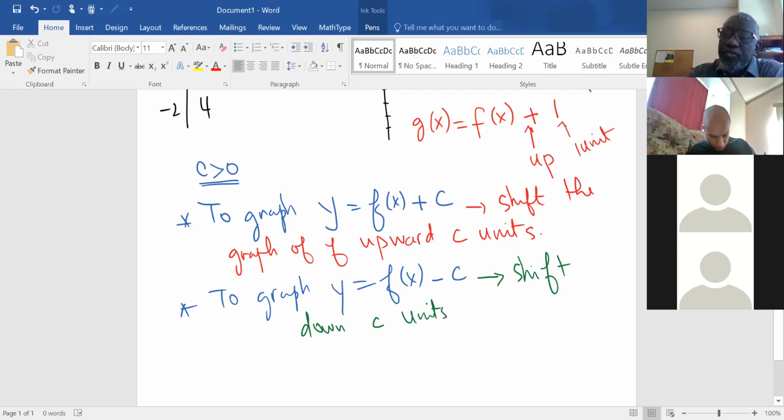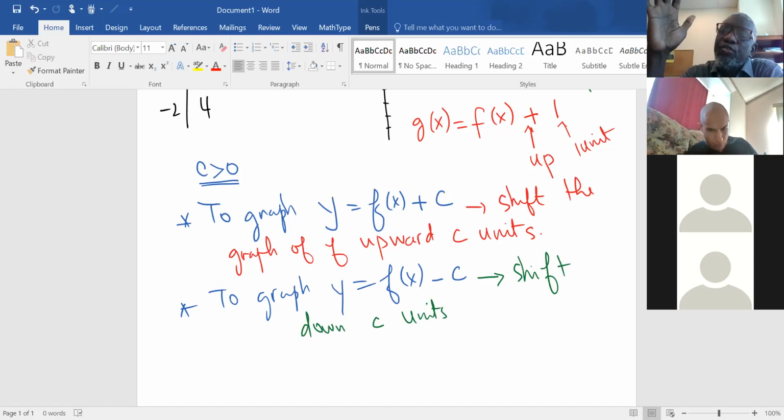When you do that, picture the domain and the range. When you do that, who is going to change? The domain or the range? Or both? When you move something up or down, does the x change?